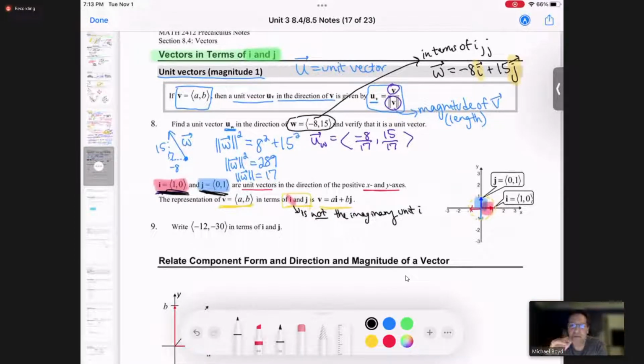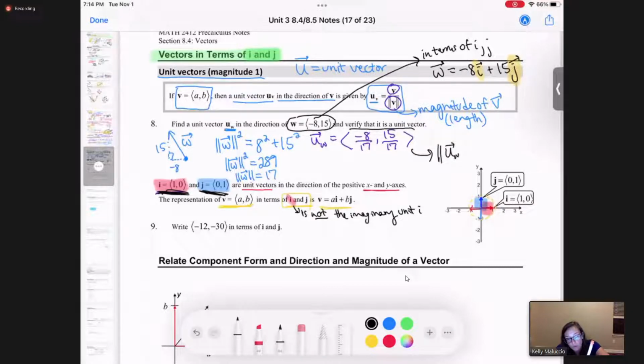Another quick question, something mentioned in the chapter: if you calculate the magnitude of the unit vector of W, it should equal 1. Exactly. If we wanted to verify this, which I'm going to be lazy about, the magnitude of U_W is a unit vector, so it should equal 1. If it equals 1, then we're verified.